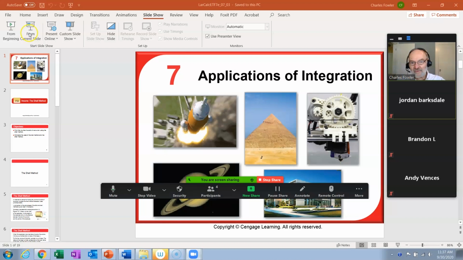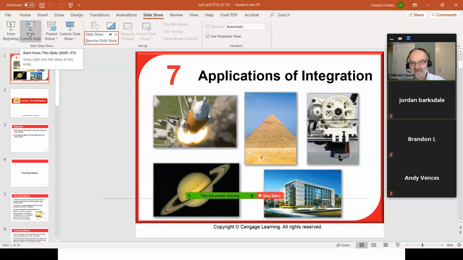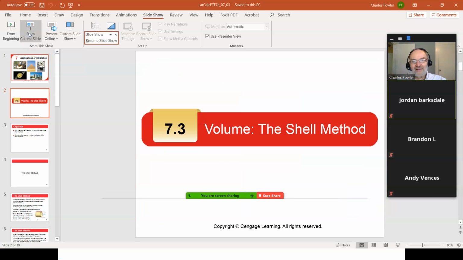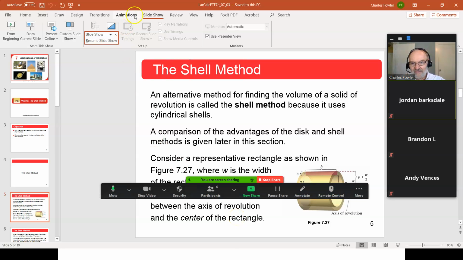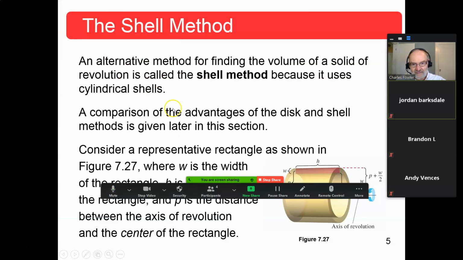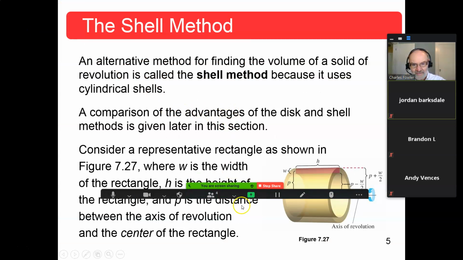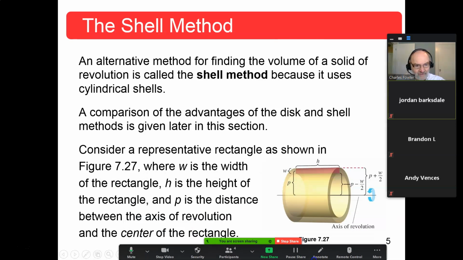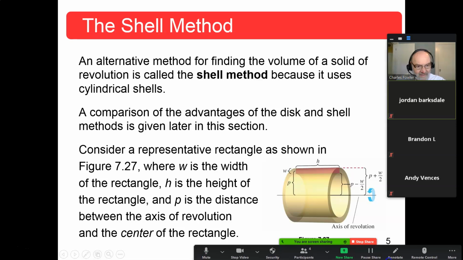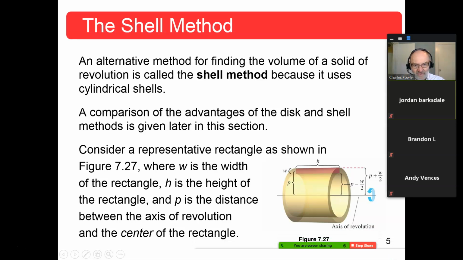And we'll go from current slide. We lost everything. Okay, let's go back to this shell method. You can see my slide there, right? Let's go from current slide then. Yep, this is where we were. And let me see if I can get this taskbar out of the way because it's smack covering what I wanted to talk about.